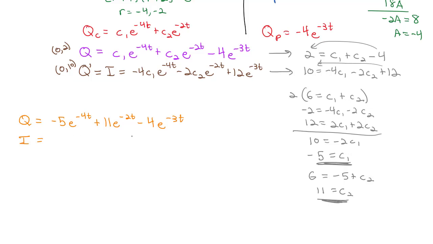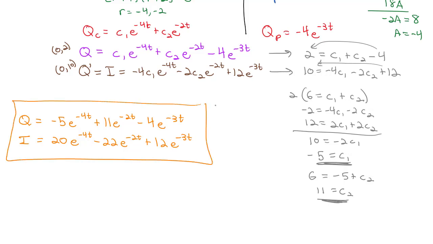So taking the derivative of the function we just found, we get 20 e to the negative 4t minus 22 e to the negative 2t plus 12 e to the negative 3t. And now we've got a formula for both the current and the charge on this LRC circuit at any moment in time.